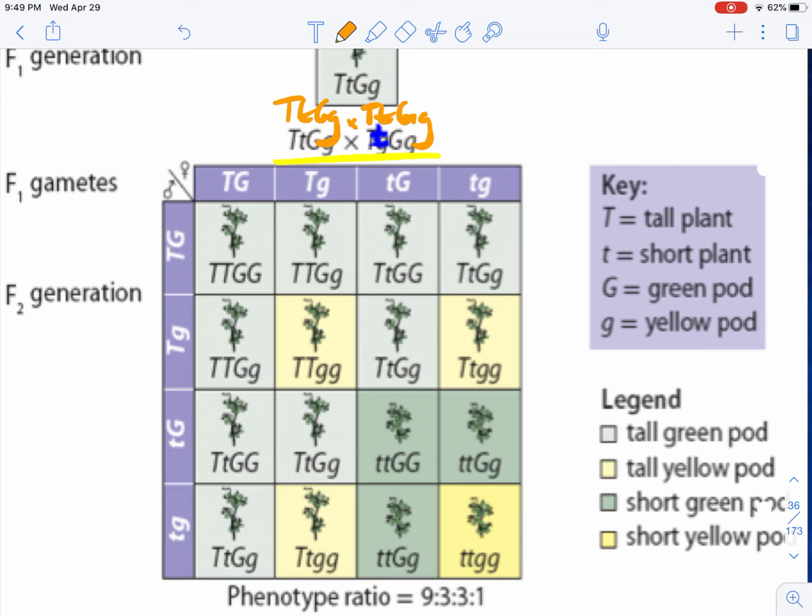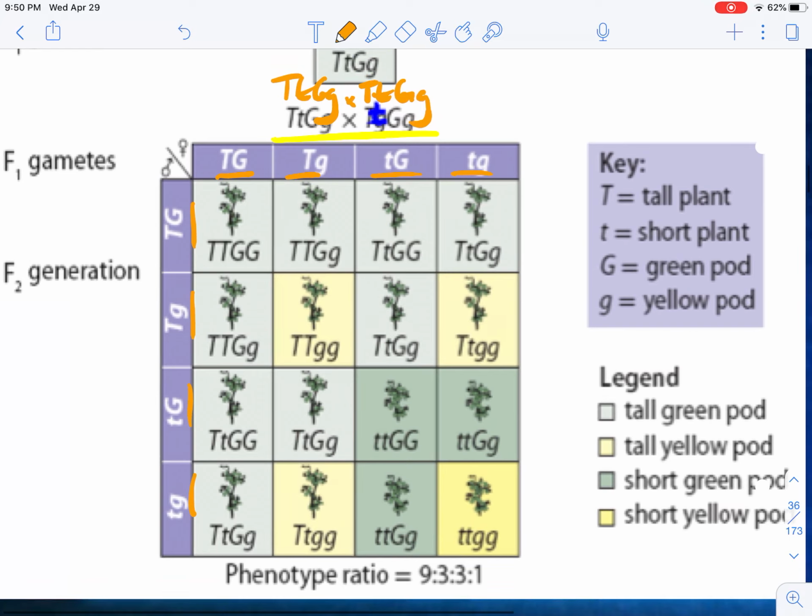This is supposed to say big T, big G, little g. So these are exactly the same 2 parents that the cross is indicating above. And when you put your 4 gametes on each side, this is as big as our Punnett square will ever get, but we end up with a 16 square Punnett square.